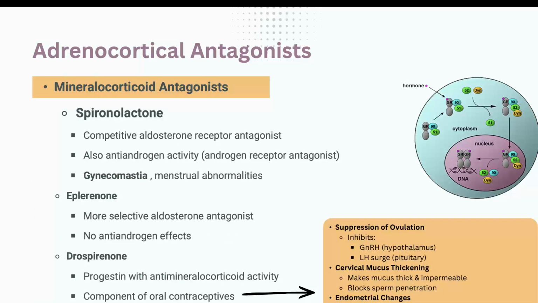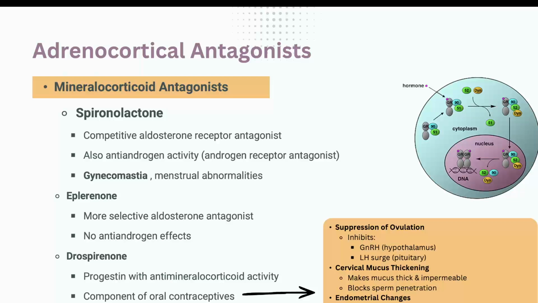We have anti-mineralocorticoid drugs, like for example spironolactone, eplerenone, and also drospirenone. Spironolactone and eplerenone are competitive aldosterone receptor antagonists. Aldosterone receptor antagonist means blocking the cytoplasmic receptor, inhibiting aldosterone binding to its internal receptor.